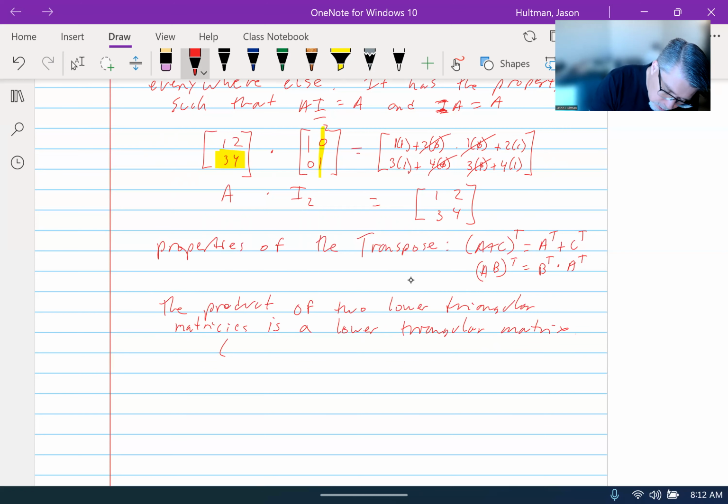The same is true for upper triangular matrices or diagonal matrices.